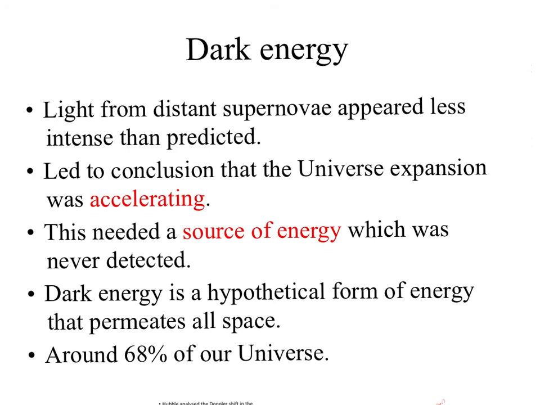So they call that energy that we can't detect dark energy, which is a hypothetical form of energy that permeates all space. So we assume that around 68% of our universe is dark energy. So dark energy basically was formed to explain the accelerating expansion of the universe.